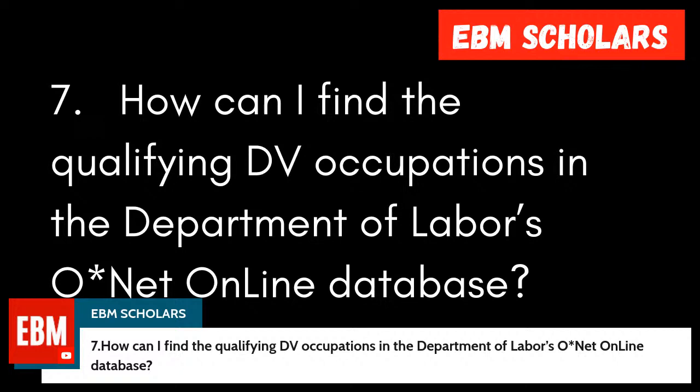You'll then see the particular job you decided to find, and it will show the SVP range, the rating for that job. If that SVP range is 7 or higher, it means you qualify. If it is less than that, you don't qualify.